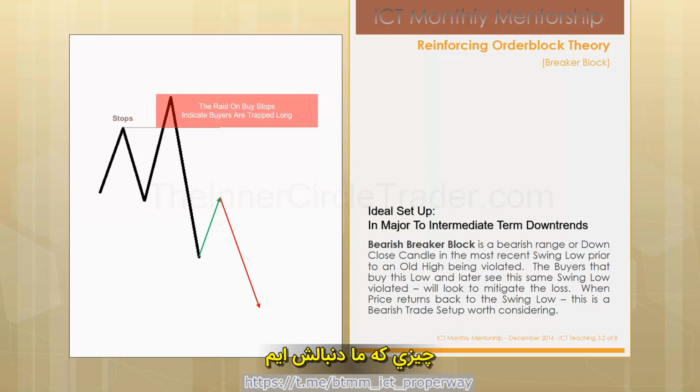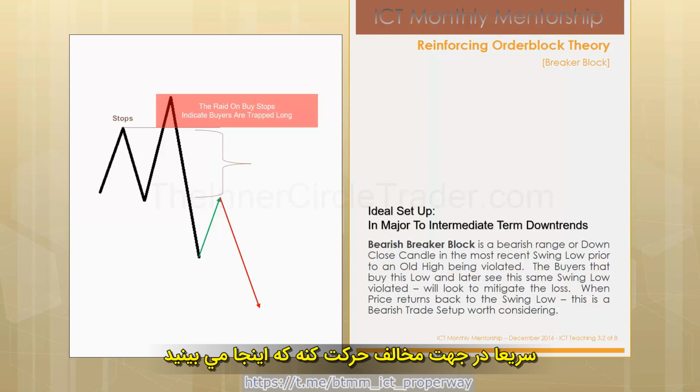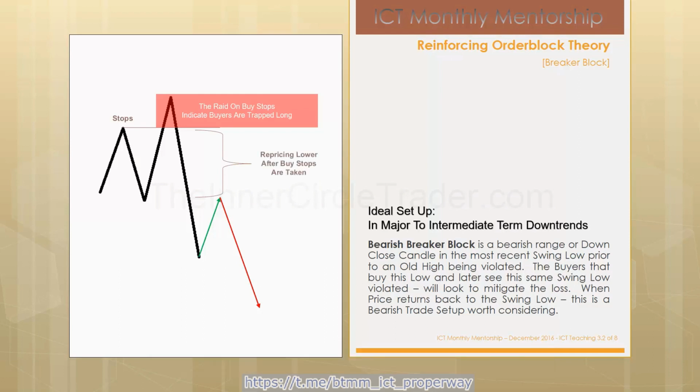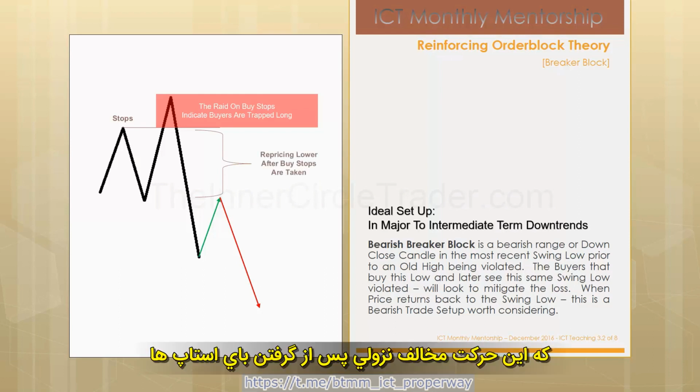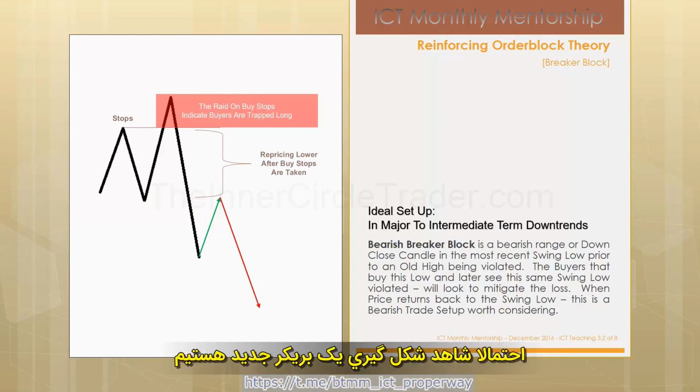The salient points are what we're looking for is an old high to be ran out or a false break above an old high. This raid on buy stops indicates buyers are trapped long. We know this is true when the market quickly does a repricing that's seen here. Repricing lower after buy stops are taken, that is a confirmation that we are potentially seeing a new breaker forming.